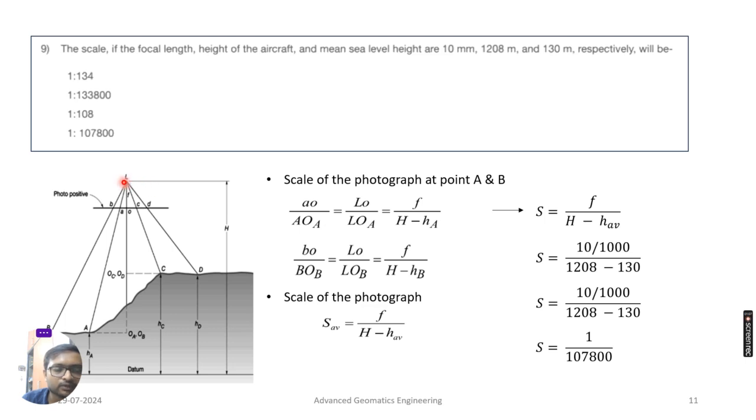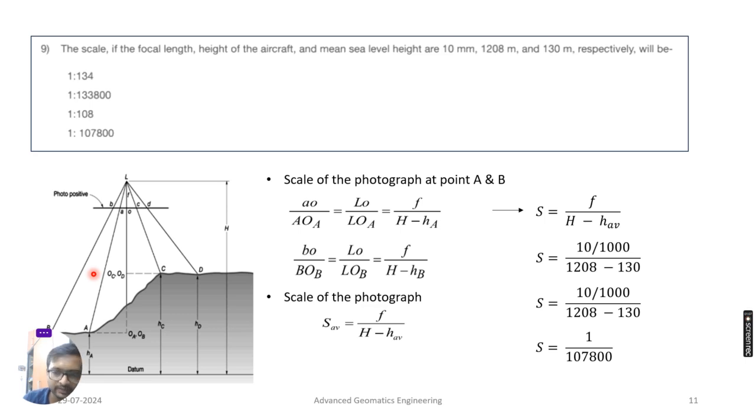But actually they have directly given you H minus HA. So the distance between the spacecraft, or the tool through which you are capturing the camera, and the terrain is directly given to you. These two kinds of variations can also come.